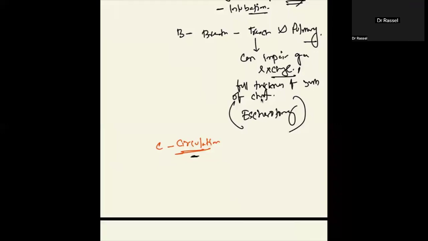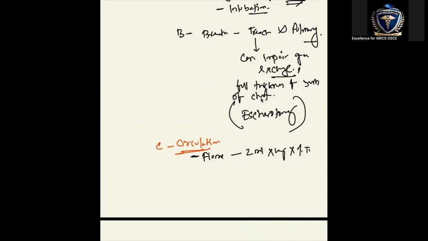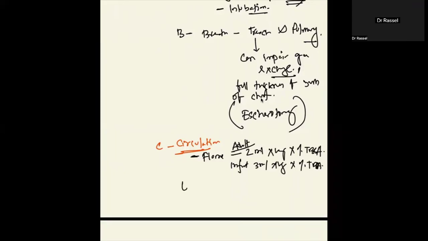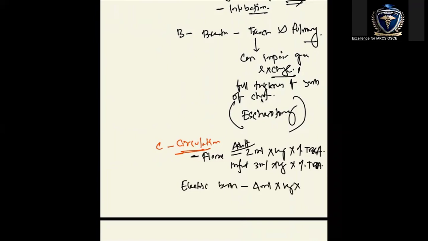Flame burn, adult, 2 ml per kg per percent of total body surface area. Infant, 3 ml per kg. And in case of electric burn, 4 ml per kg per percent of total body surface area.